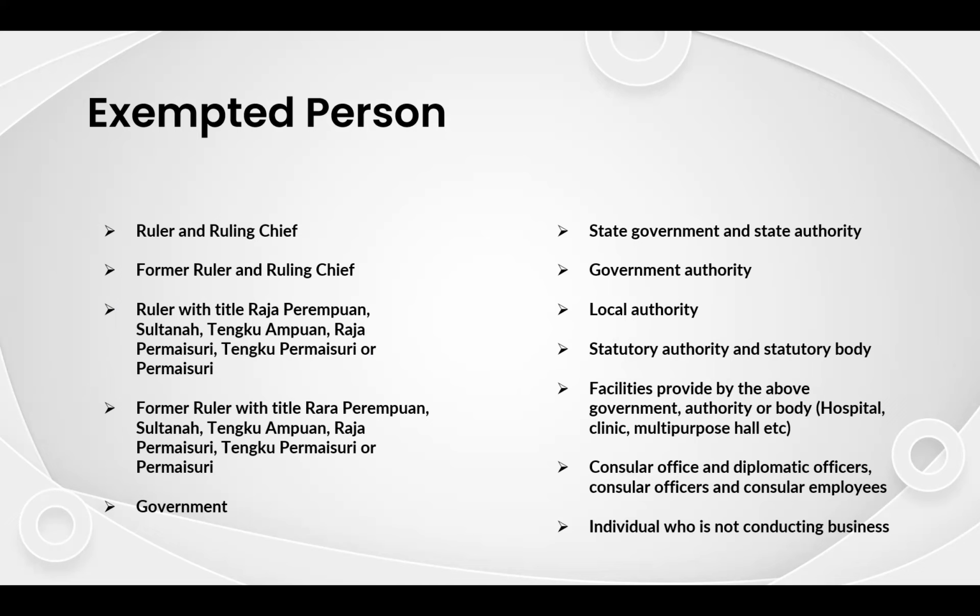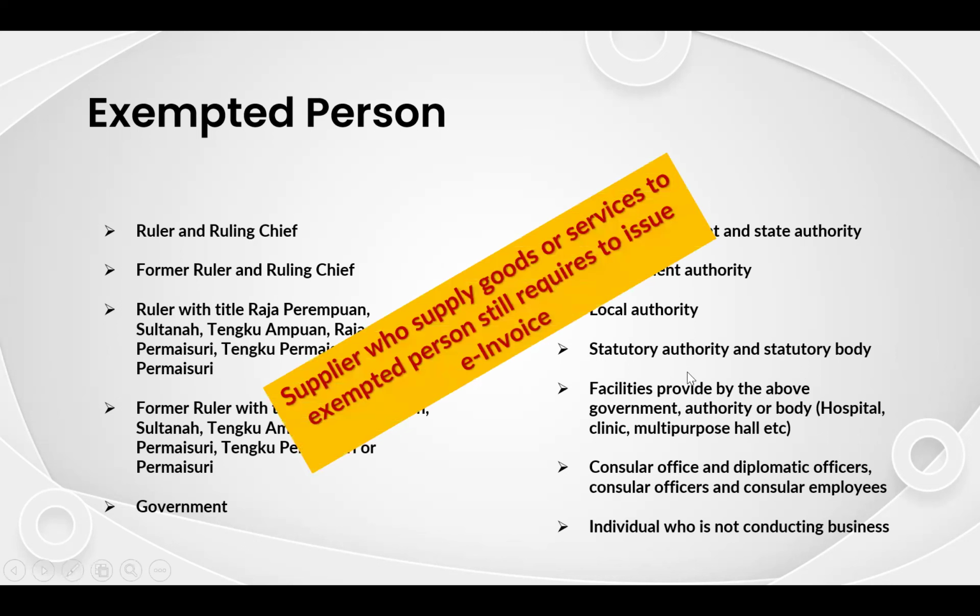That means this body or person does not need to issue e-invoice, but they can accept e-invoice. If you are a company doing business with this party, you need to issue e-invoice. A supplier who supplies goods or services to an exempted person still needs to issue an e-invoice. For example, if you are doing business with the government, you as a company need to issue an e-invoice to the government.